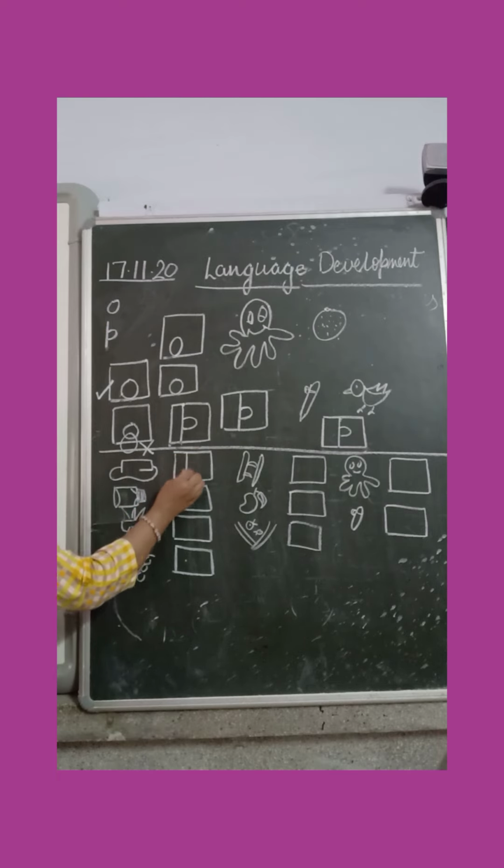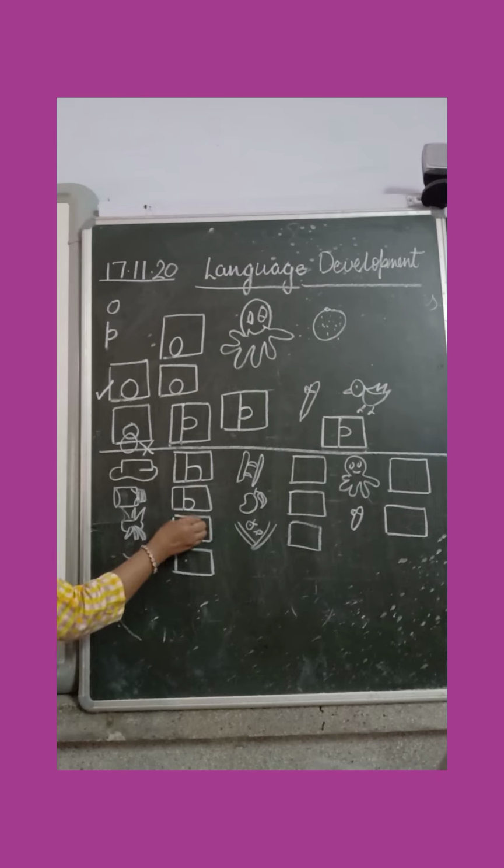Hat. Hat. Small h, right? Then book. Book. Small b I have written. Then fire. Fire. Then grapes.